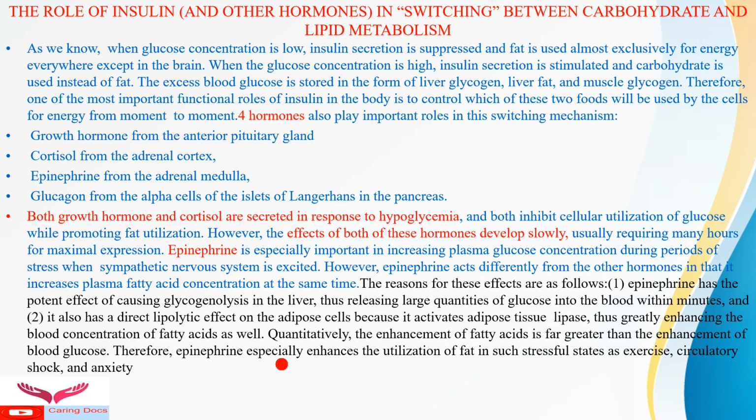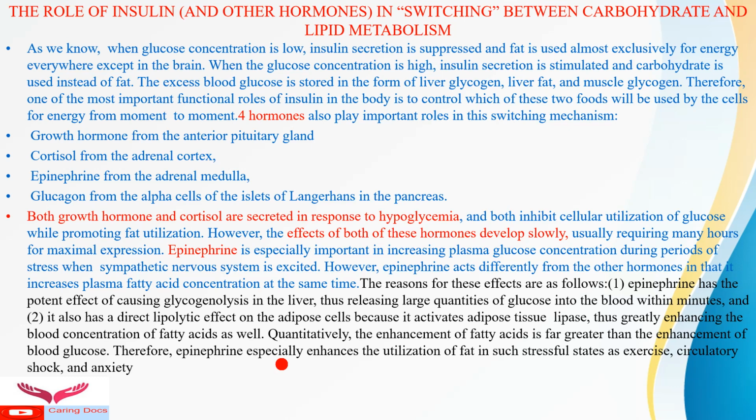The reason for this is that epinephrine has a potent effect on causing glycogenolysis in the liver, thus releasing a large quantity of glucose into the bloodstream within minutes. It also has a direct lipolytic effect on adipose cells, activating adipose tissue lipase, thus generating a large amount of fatty acids in the blood circulation.